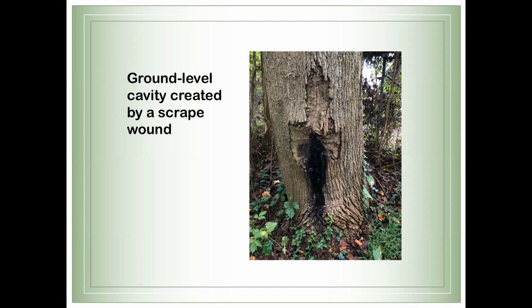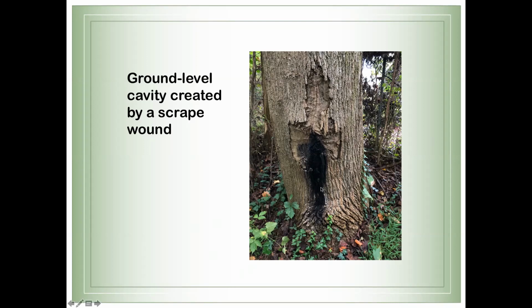A tree fell against this tree, and it has a little bit of seepage, and there might be a little bit of decay, but that's what caused it. Something fell against the tree. Right down at the bottom, there's a little bit of seepage, and that's probably slime flux.